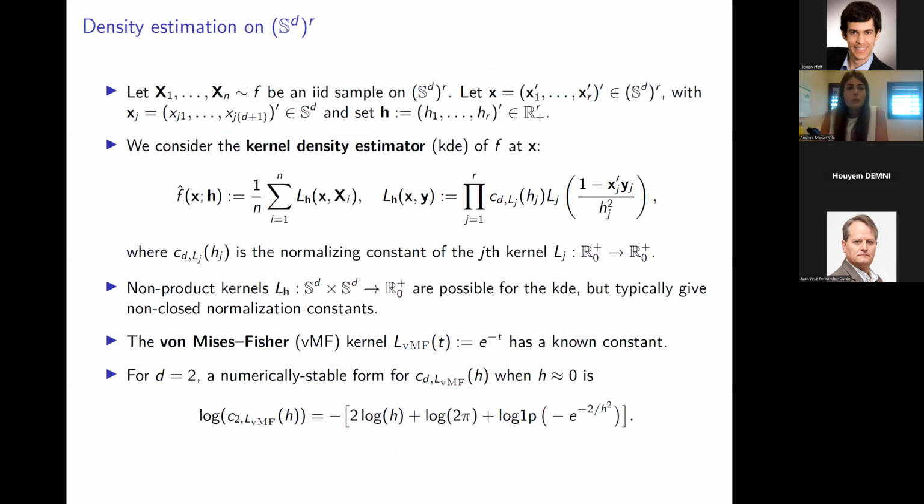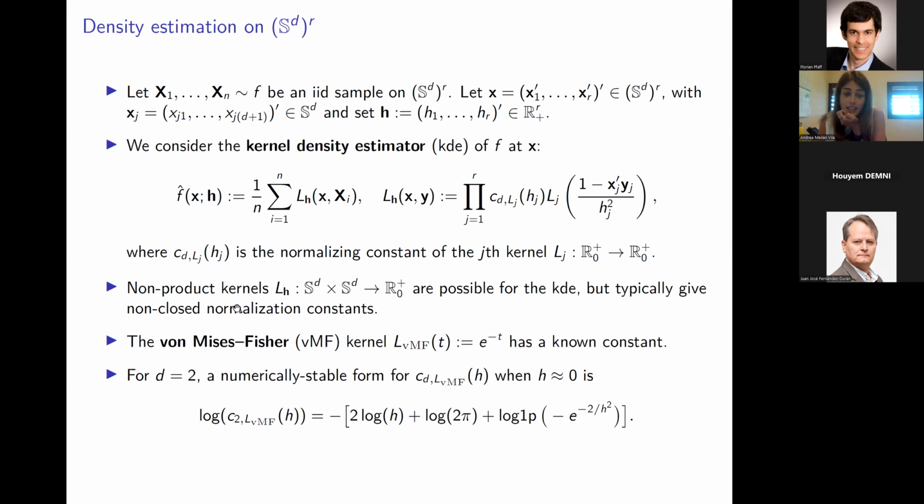So, how to deal with the density estimation on the polysphere? Suppose that we have a sample with a density f on the polysphere. Here we have the kernel density estimator that we are proposing. Here C is the normalizing constant, and this estimator depends on this product of kernels and also on these bandwidth parameters.